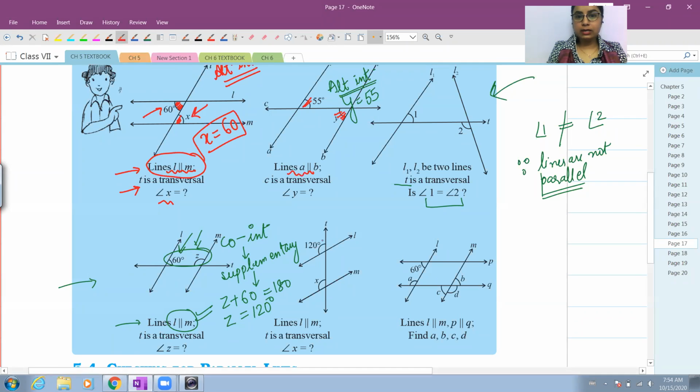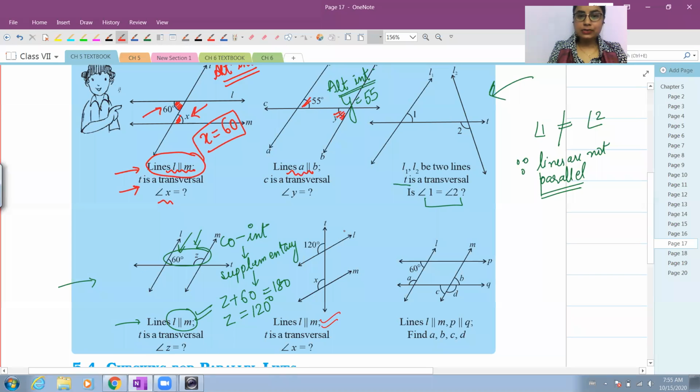Now let's take a look at the fifth part here. Again, lines are parallel, so we can use the results. T is a transversal. We have to find X. So which pair is being formed here? Corresponding. That's correct. Corresponding angles. There is a trick you can use.